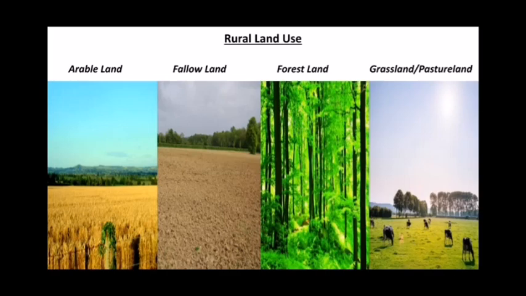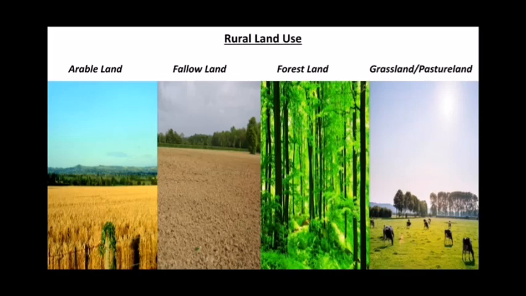Second is the fallow land. Now children, this is also an agricultural land, but it is temporarily not in use. Now children, why do you think it is not in use? Because some of the crops need more nutrients.